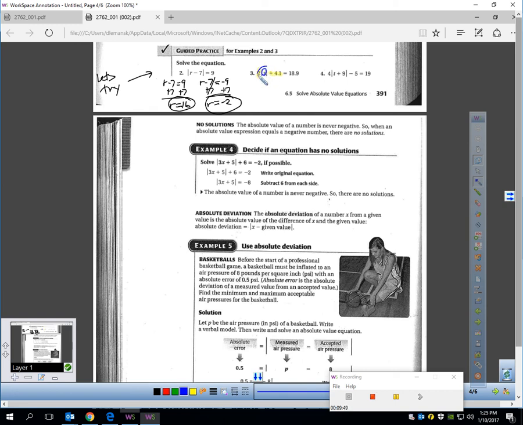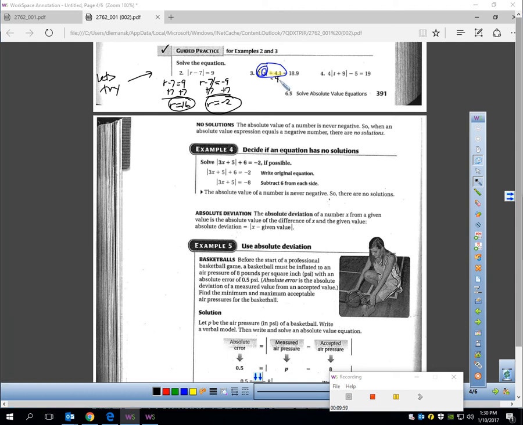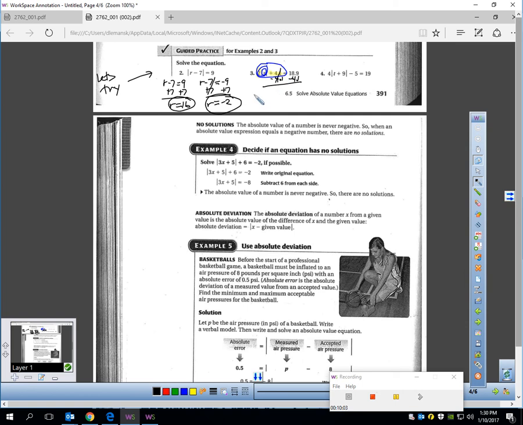I don't want the 2 out here, and I certainly don't want the 4.1. So I've got to peel away one layer at a time. Let's get rid of that 4.1 first. It's the outside layer. So I'm going to subtract 4.1 from each side. So 2 absolute value s equals, if I'm doing this in my head right, that'd be 14.8.